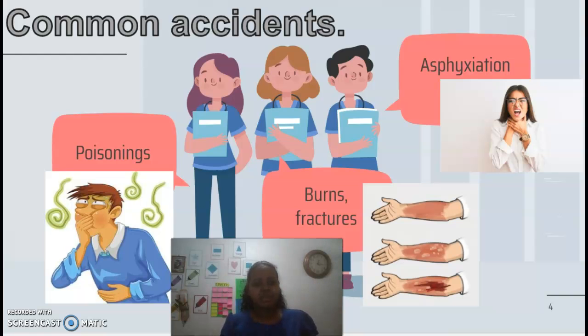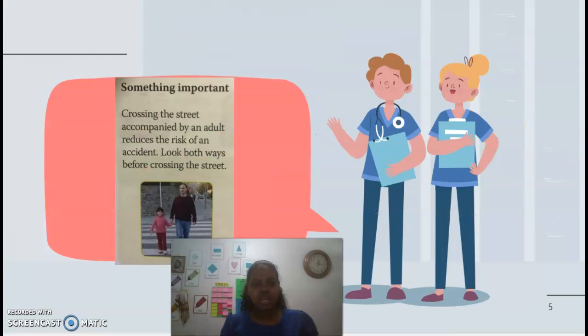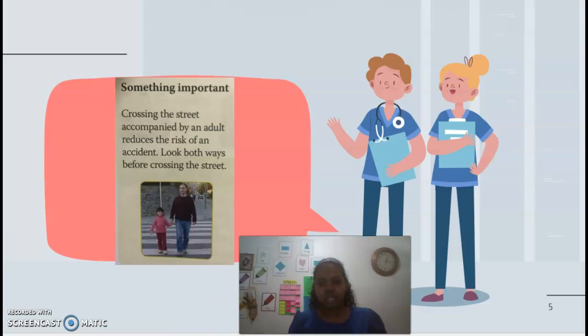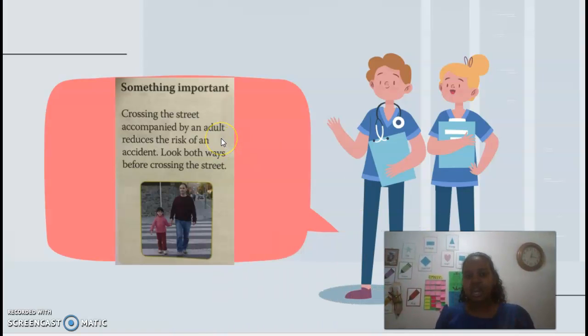Something really important that you have in your book, page 74, is this part. Here is a recommendation about what you should do when you're crossing the street. So we're going to read it. Crossing the street accompanied by an adult reduces the risk of an accident.